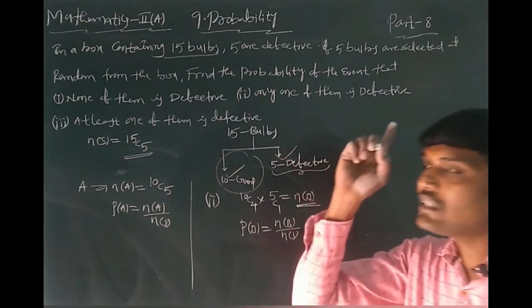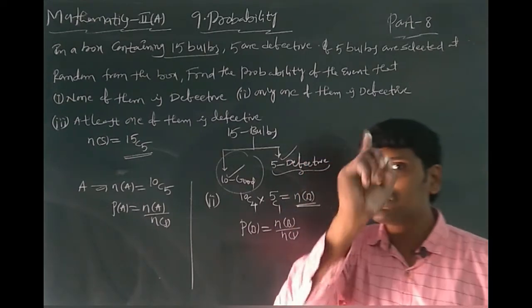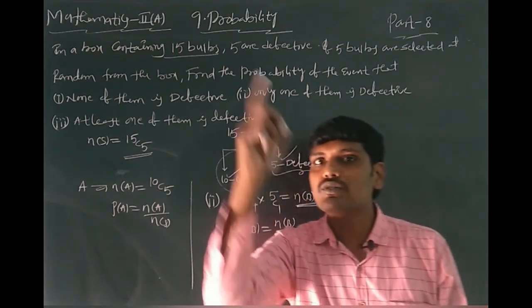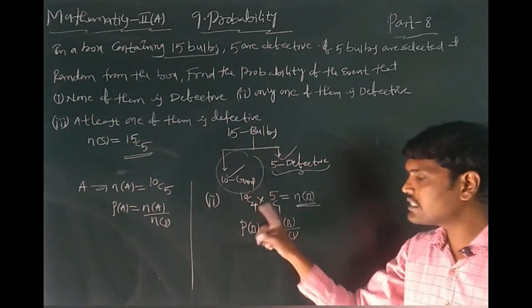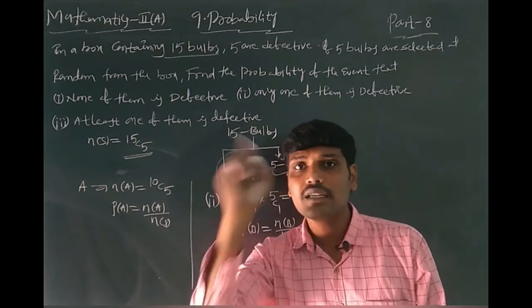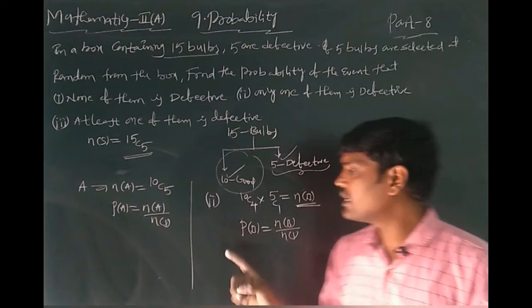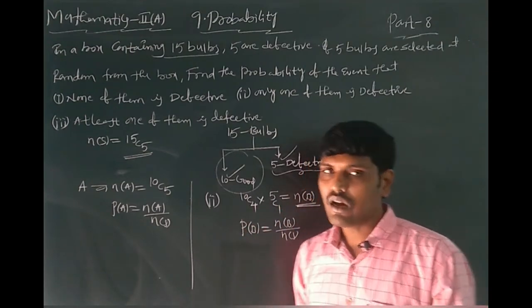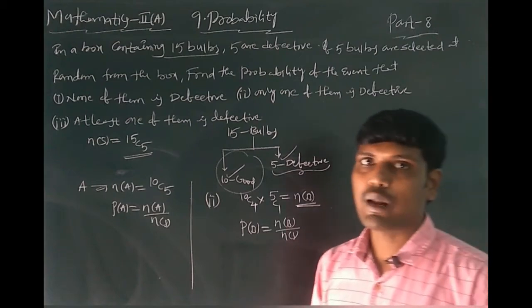From the defective bulbs you select one, that is 5C1. From the 10 good bulbs we select 4, that is 10C4 into 5C1. That is event B, and then you find the probability of B.